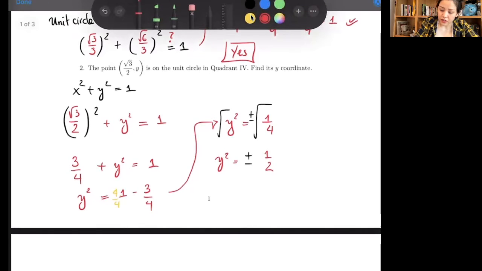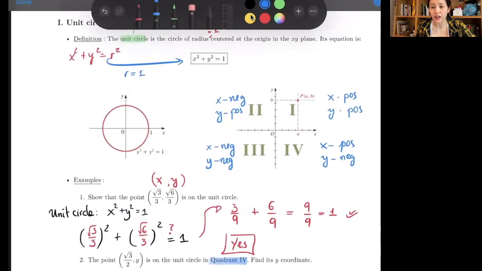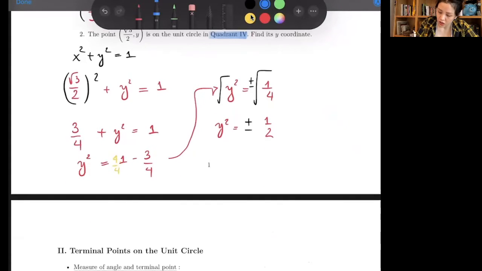We know that this point is in quadrant 4, so the y value is negative. So we're going to choose y equals negative 1/2. And we're done.